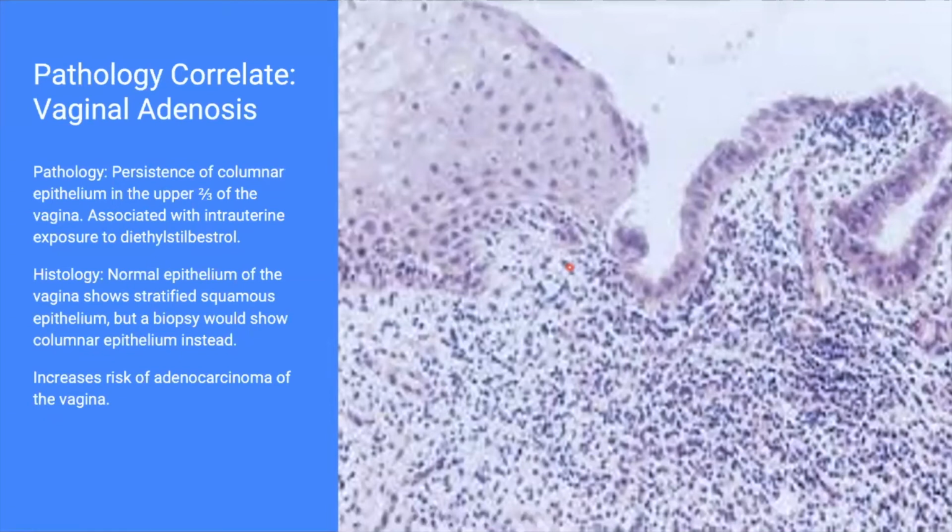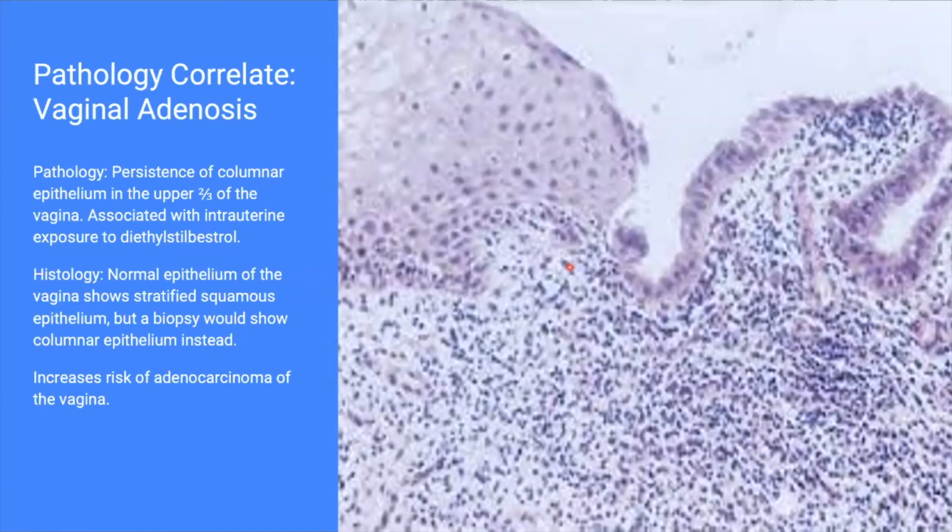So knowing the normal histology of the vagina is really how this could be tested. Normal epithelium of the vagina is going to be a stratified squamous epithelium with keratinization if it's external, but if it's more internal structures, it will lack that keratinizing layer. Vaginal adenosis, however, is the persistence of columnar epithelium found in the upper 2/3 of the vagina.